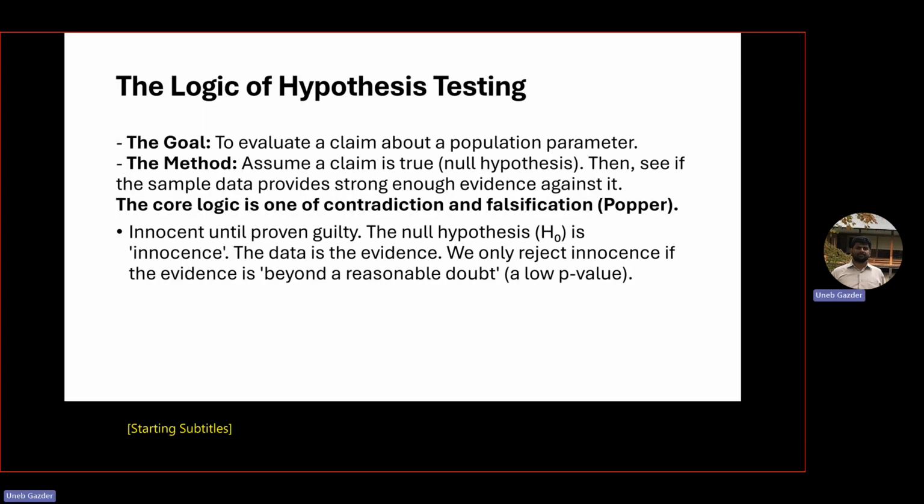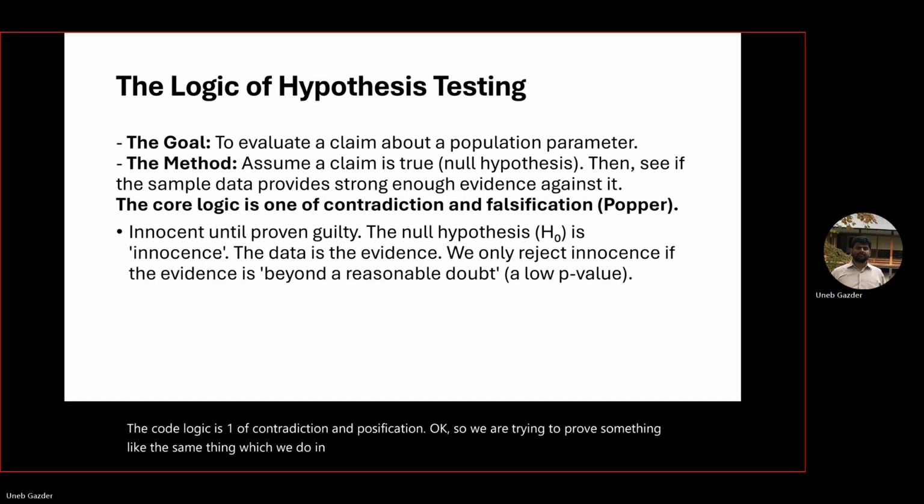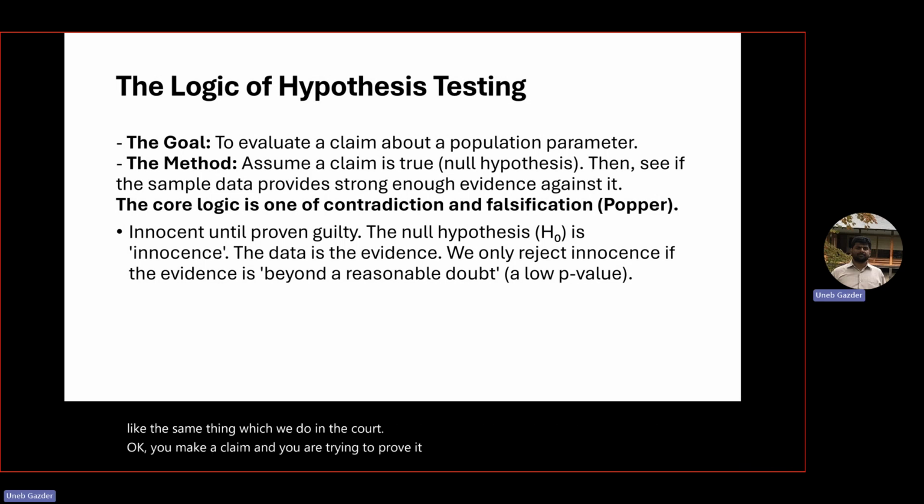So the idea behind the null hypothesis, the core logic, is one of contradiction and falsification. We are trying to prove something, like the same thing which you do in code. You make a claim and you are trying to prove whether it is true or not. And the rule is it is innocent until proven guilty. Innocent is the true one. Until you can prove it is not equal, what is the default? Default is equal. So innocent is the default.